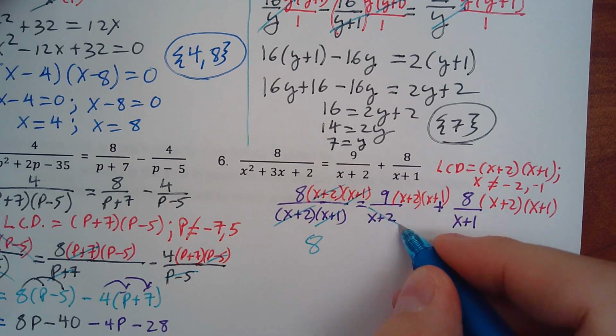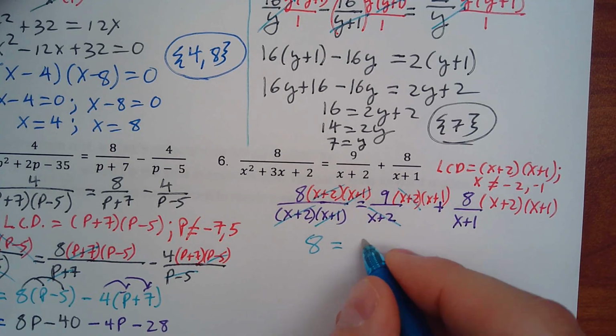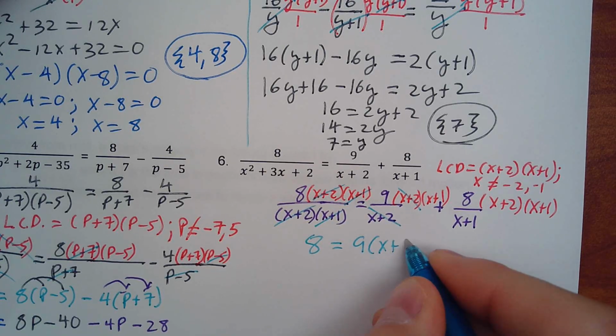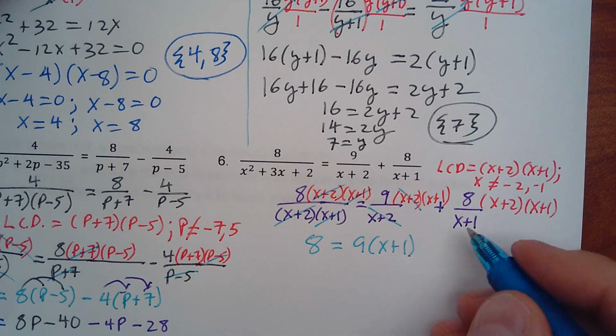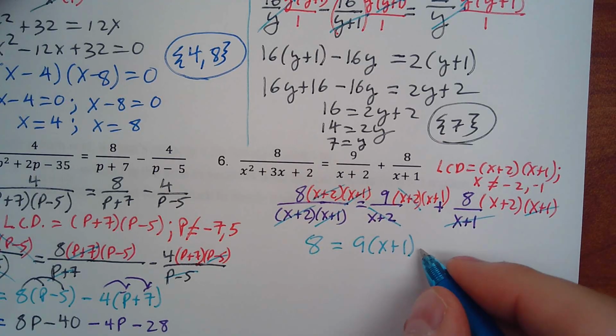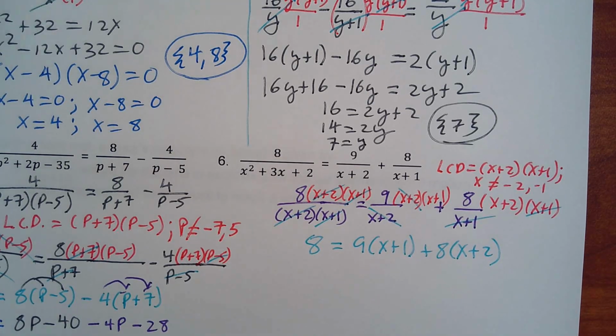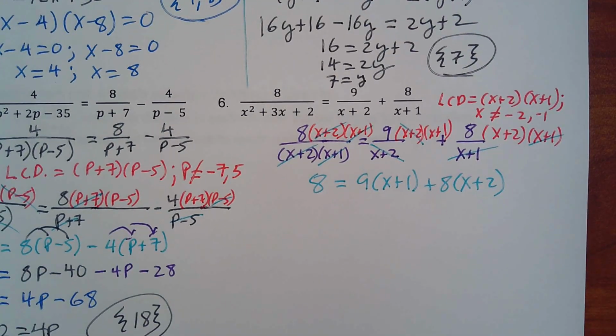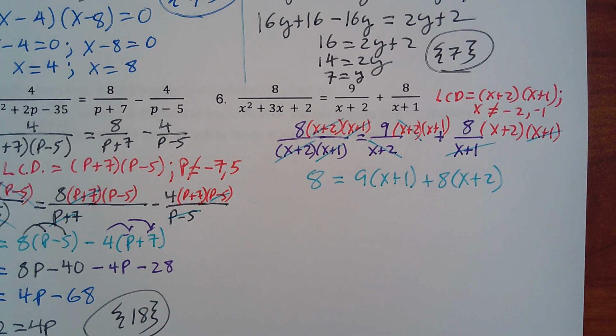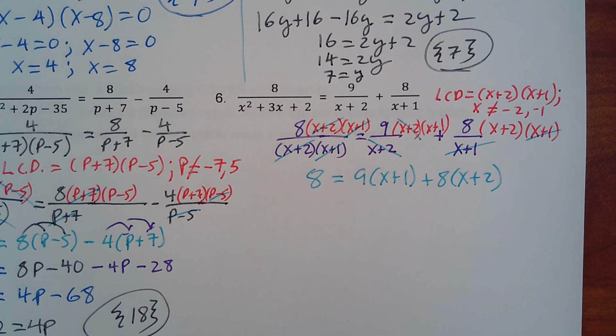On this one, the x plus 2's divide out. That gives me 9 times x plus 1. And here, the x plus 1's divide out, plus 8 times x plus 2. Give a minute for the blood to get back into our hand after writing all that. Take a deep breath.